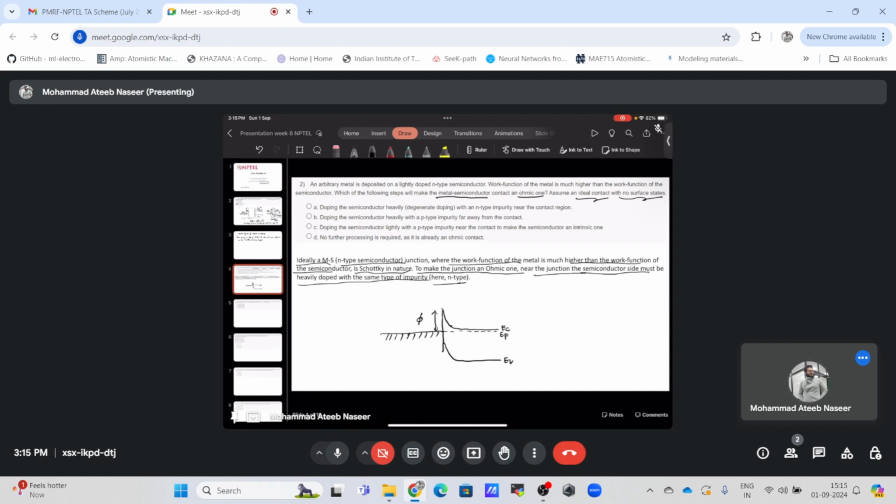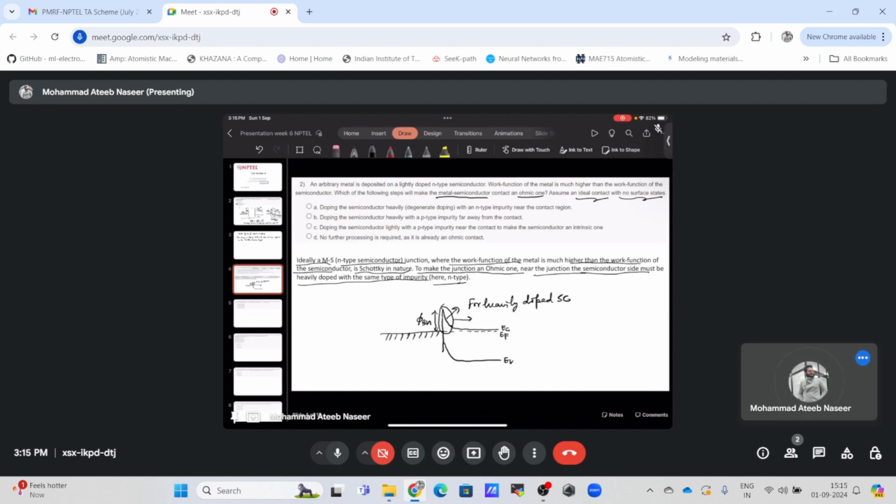What happens in this case, for a heavily doped semiconductor, is that the barrier will be thin.